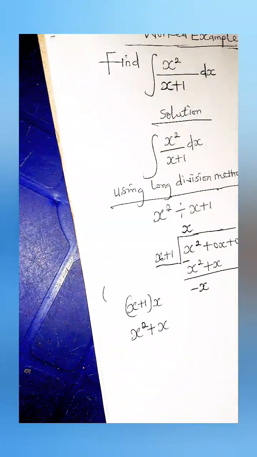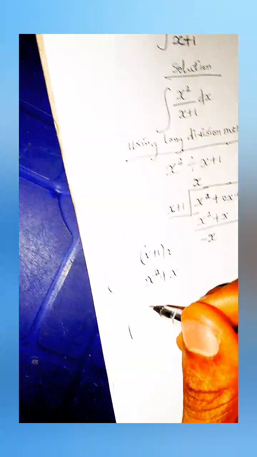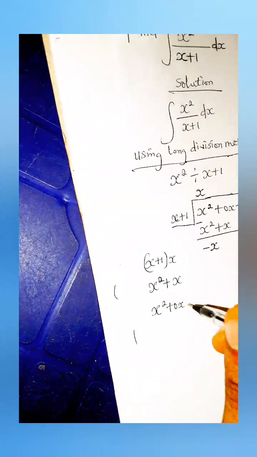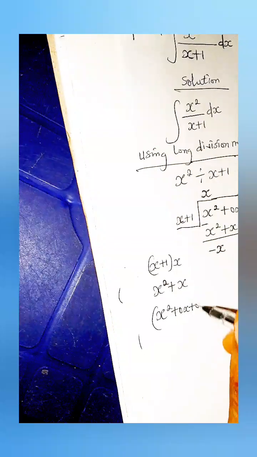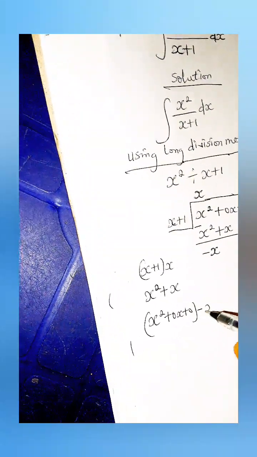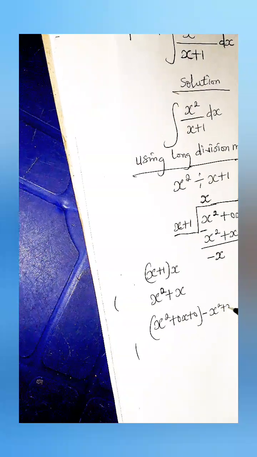I know some will say they don't understand. Let me break it down here. We have s squared plus 0s plus 0 minus s squared plus s.